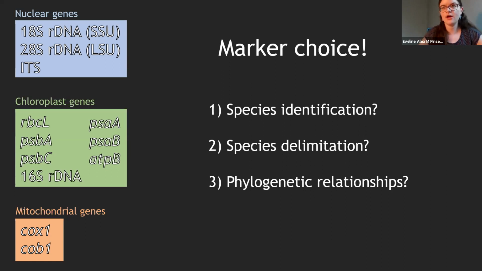If you want to have real confidence in your species boundaries, in your species delimitation, you will want to have variable markers which differ a lot in their sequences between species. And if you're interested in phylogenetic relationships, you will typically want to include multiple markers, because different markers will have different resolutions in different parts of your phylogeny. So by combining information of multiple markers, you will get a much better sense of phylogenetic relationships.